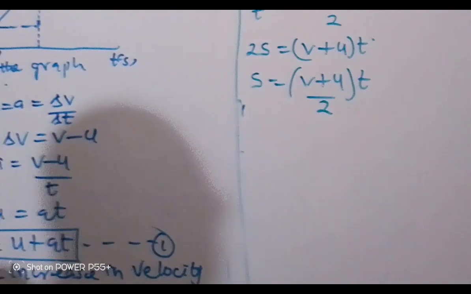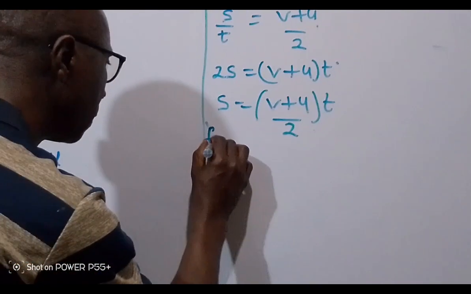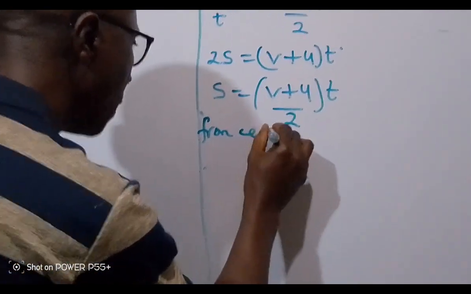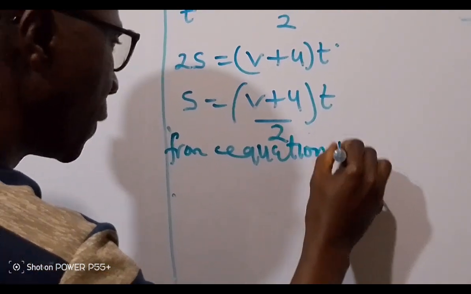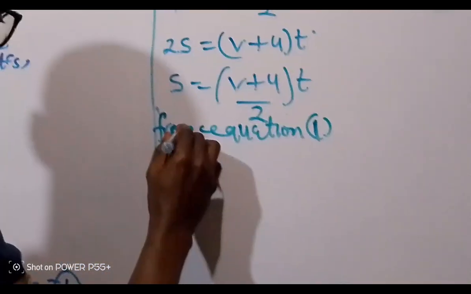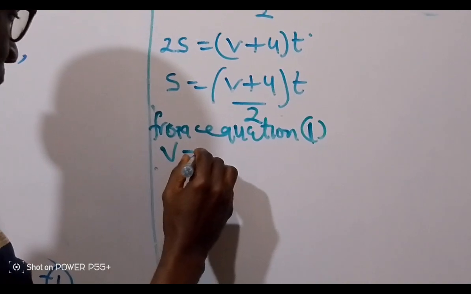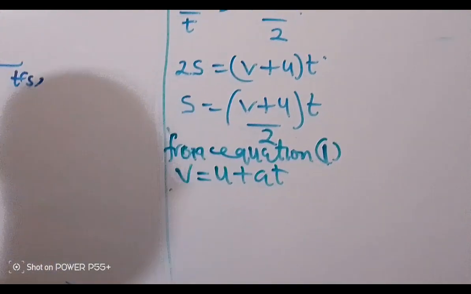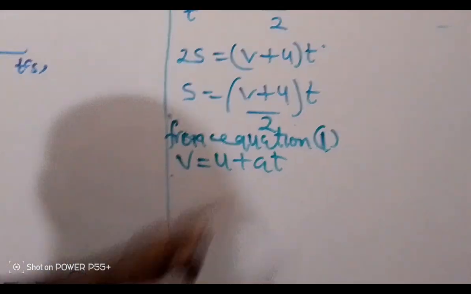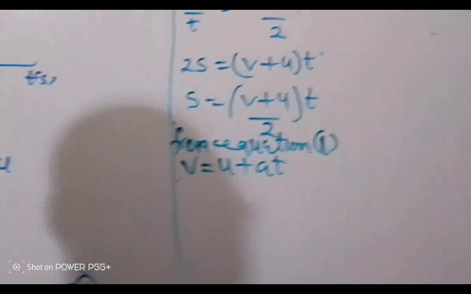We now say from equation 1, V is equal to U plus AT. Now, we want to remove T from this point.